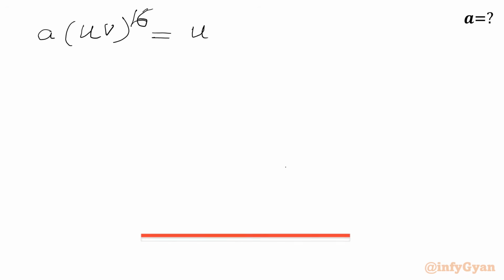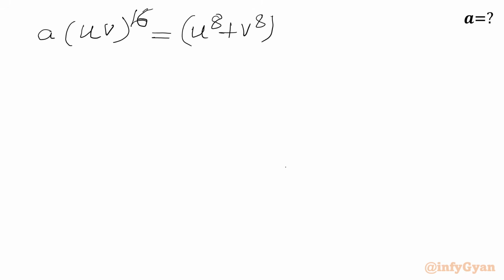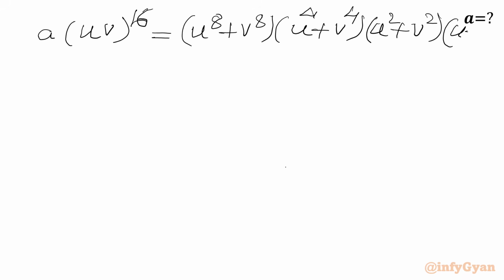So I will write here A times (uv) whole power 16 equal to (u power 8 plus v power 8) times (u power 4 plus v power 4) times (u square plus v square) times (u plus v). Now we have to plug in all the values.